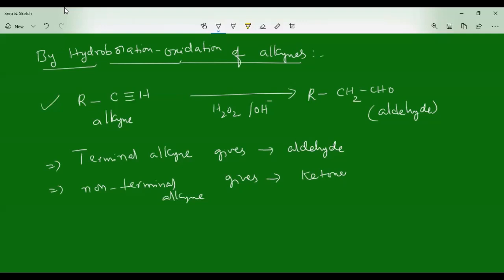in the presence of this hydroboration oxidation method, with addition of borane to the carbon-carbon double bond.